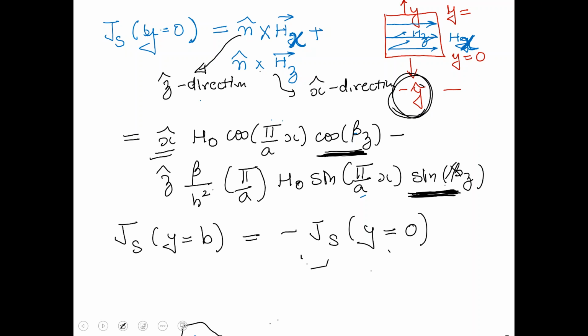It is flowing perpendicular to the z direction. And when cos beta z is 0, sine beta z is maximum, and then I have a current which starts to flow more like a sinusoid in the x direction. If I plot the current in the x direction, I have a sinusoid variation.